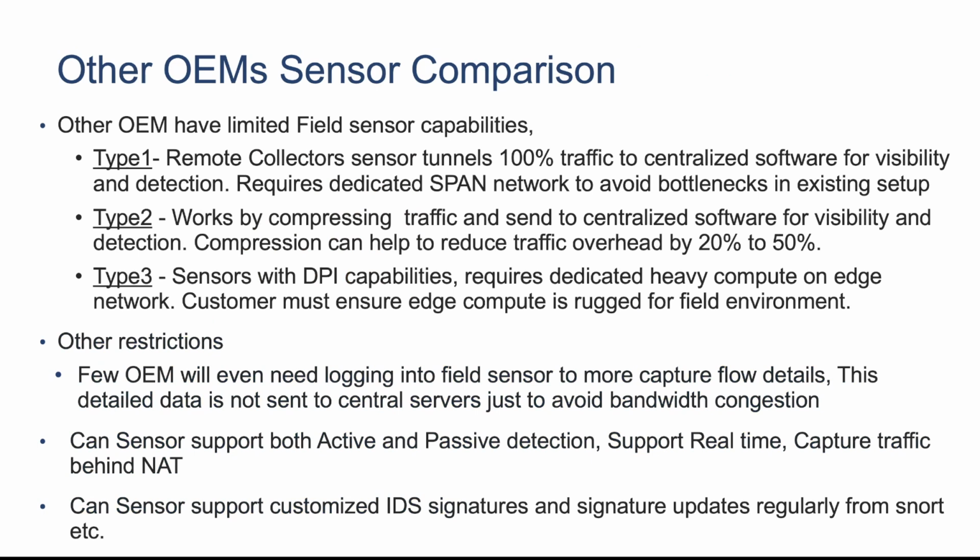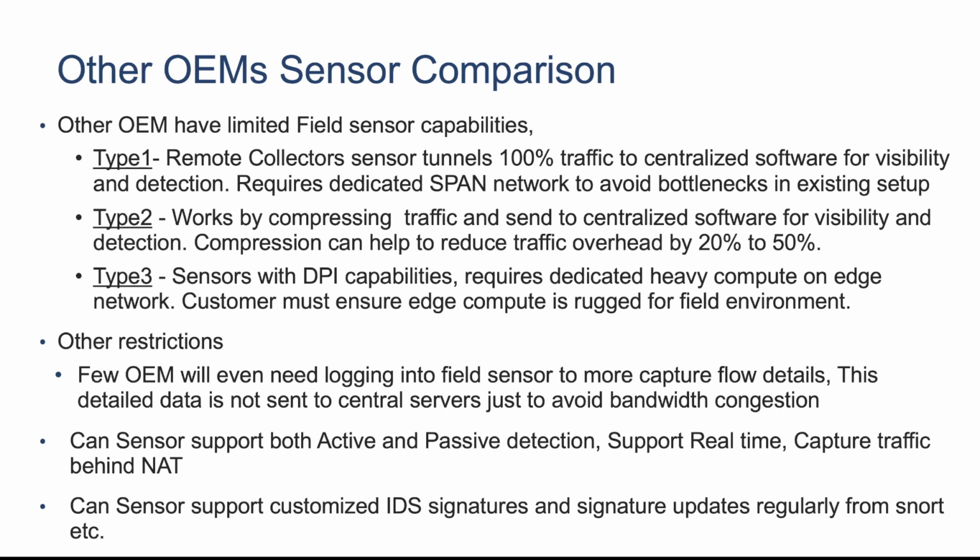If we compare with other OEM sensors, other OEMs typically have limited field sensor capability. There are three types of sensors. Type 1 is the remote collector sensor, which collects 100% of the traffic for visibility and detection and requires a dedicated SPAN port, or a separate network created just to avoid any bottleneck on the existing setup.